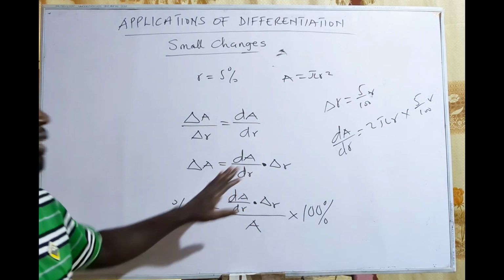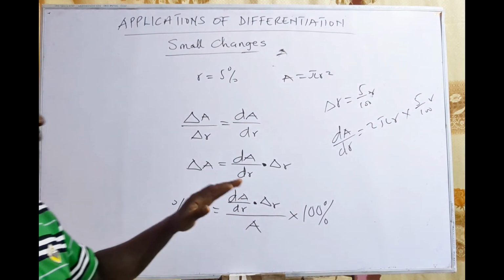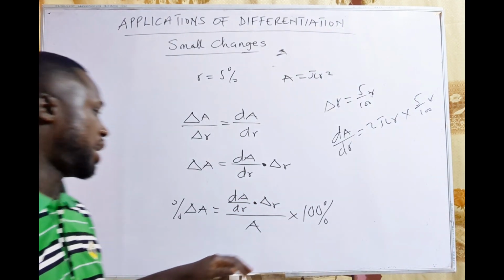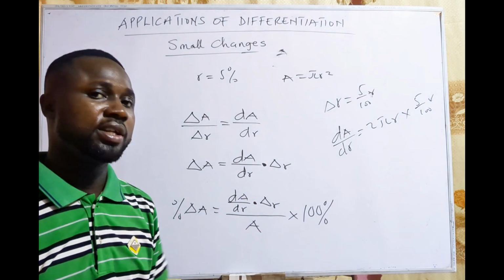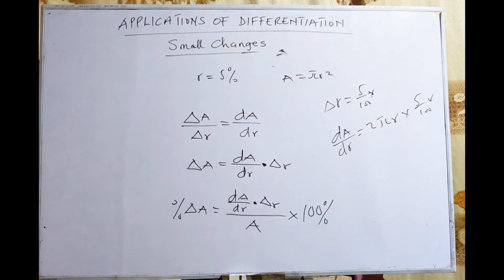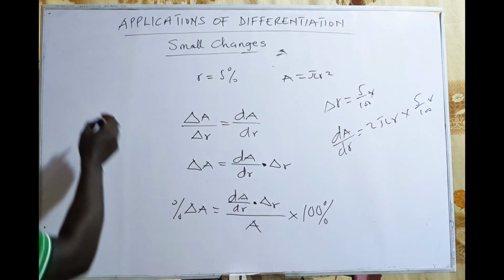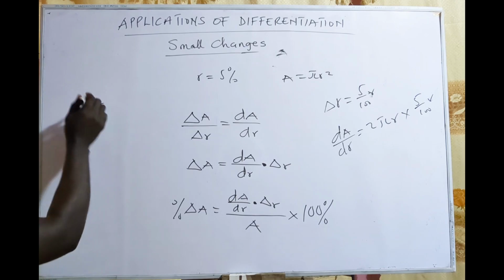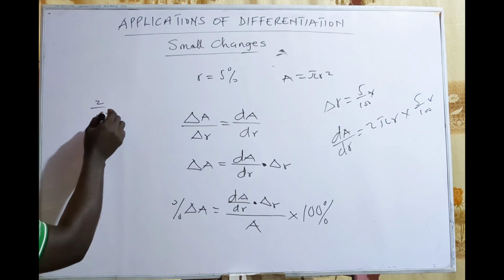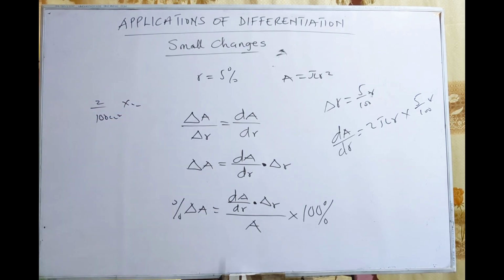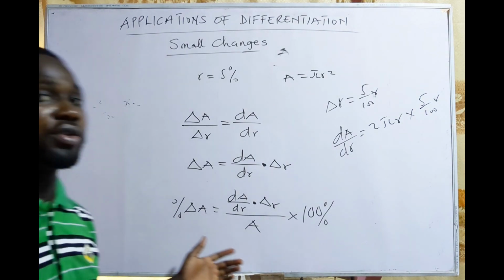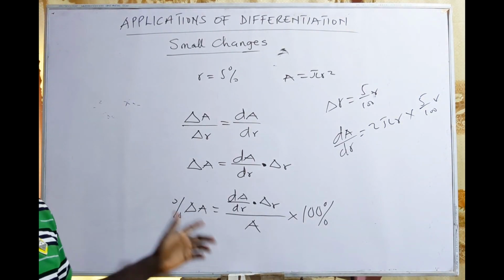So you check the change, divide by the actual area, and then multiply by 100%. So let's say the change is 2. That will be 2 over the actual area. If the area is 100 centimeters squared, times 100, that will give you, let's say, 2%.